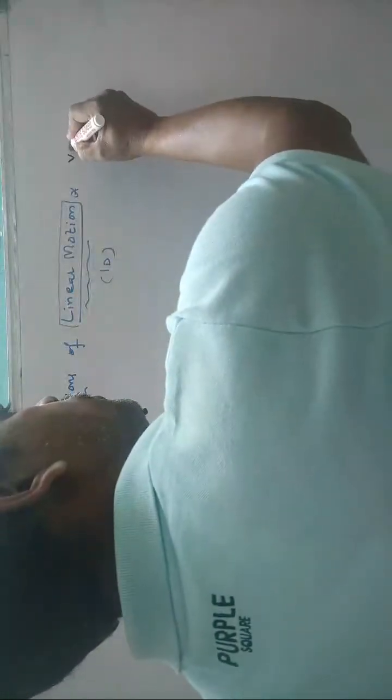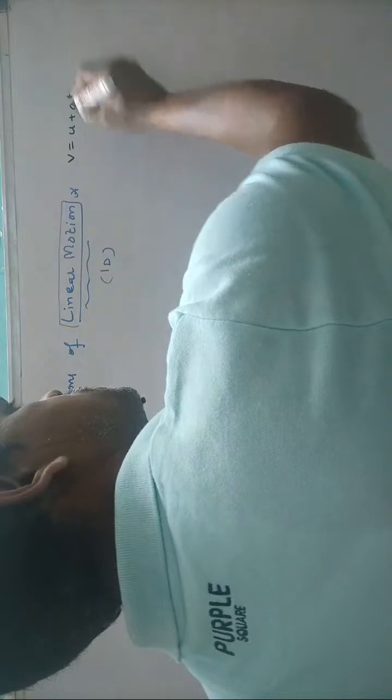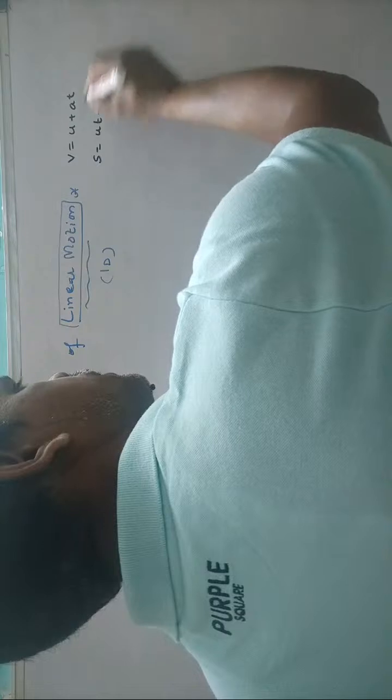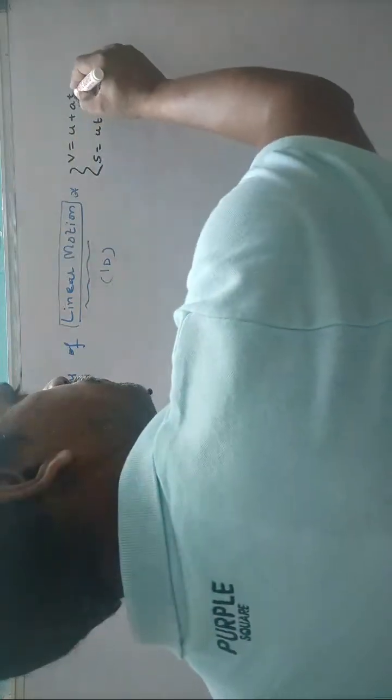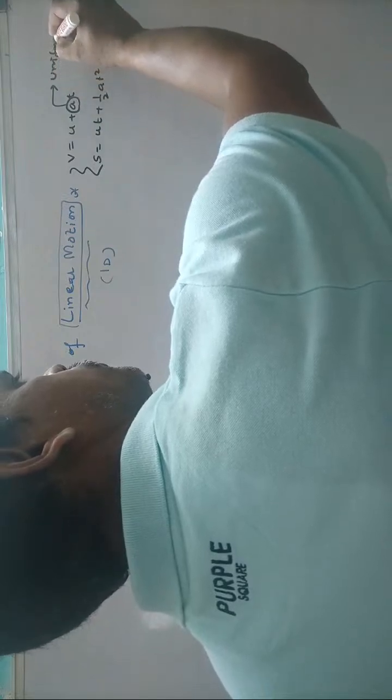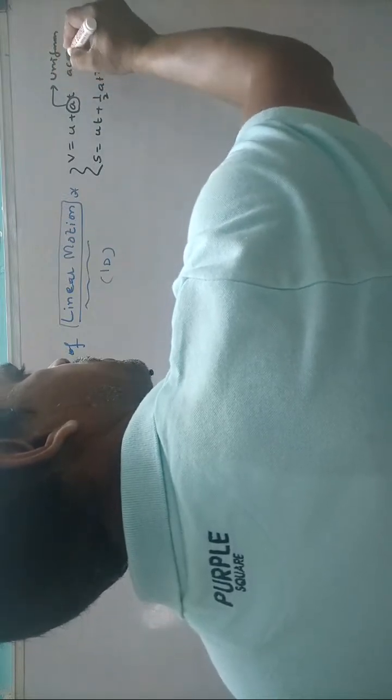Already I explained v equal to u plus at, s equal to ut plus half at square. These equations we can apply when the body is going with uniform acceleration.